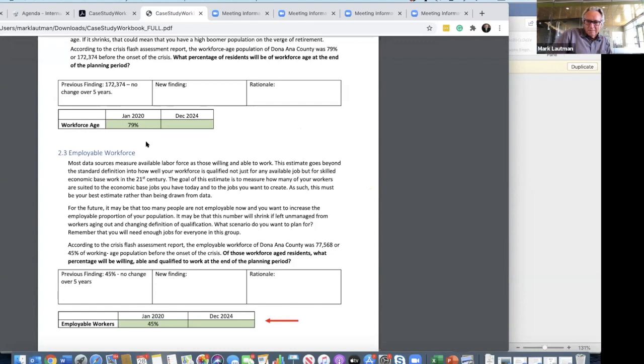So it depends on how you count all of those folks. And again, I just think that takes a lot of digging to really assess. You're looking at workforce age of 79%, and at least 30% under the age of 18, total population.